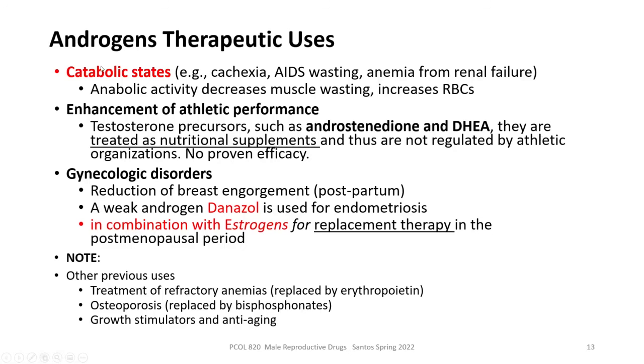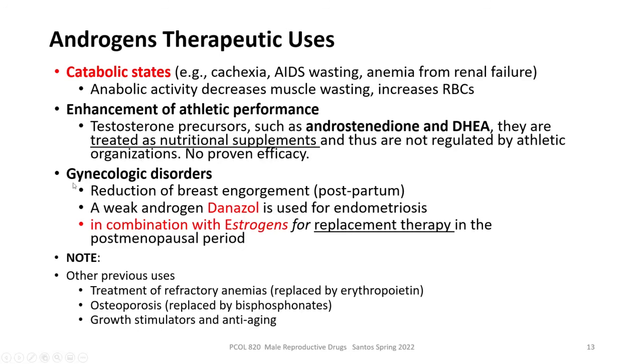But then you also have catabolic states, where the anabolic activity can decrease muscle wasting and increase erythropoiesis. Then enhancement of athletic performance, and that will be basically androstenedione and dihydroepiandrosterone, DHEA, which are treated by the FDA as nutritional supplements, and they are not regulated by athletic organizations.